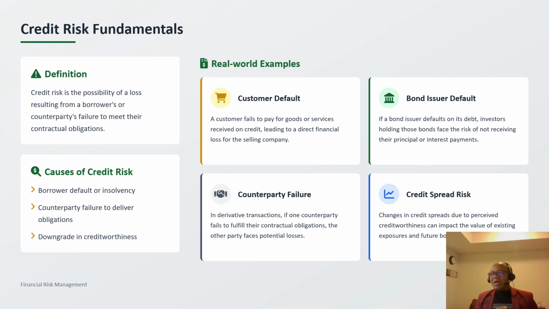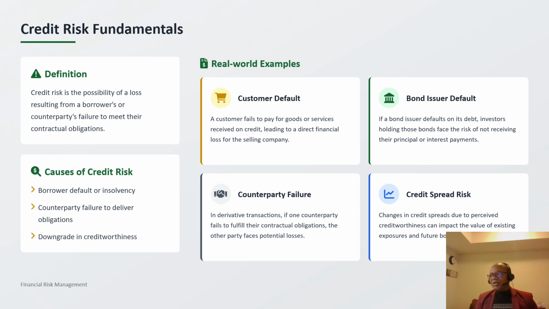Okay. Counterparty failure. In a derivative transactions, if one counterparty fails to fulfill their contractual obligations, the other party faces potential losses. Bond issuer default is another market risk that falls under credit risk.